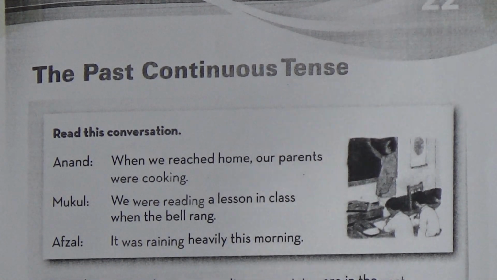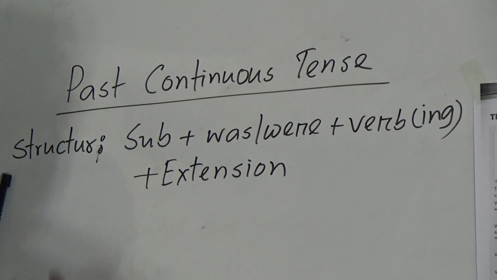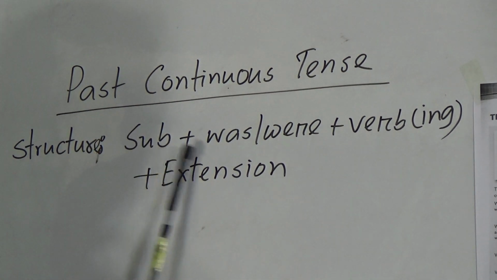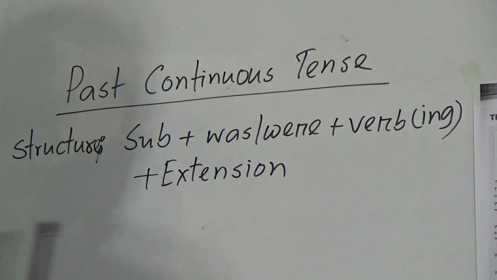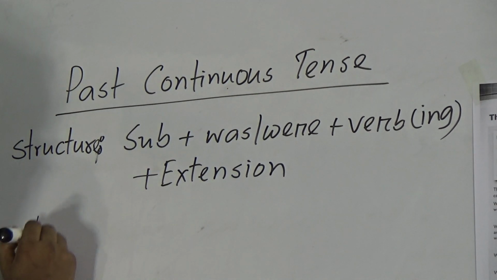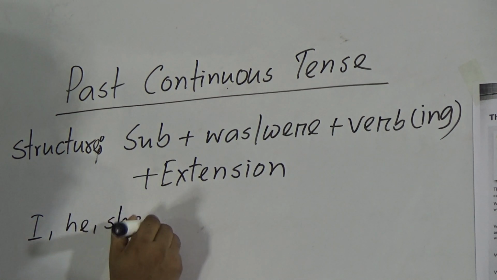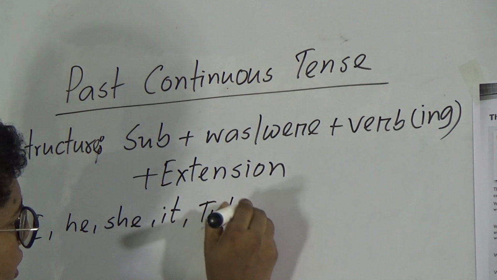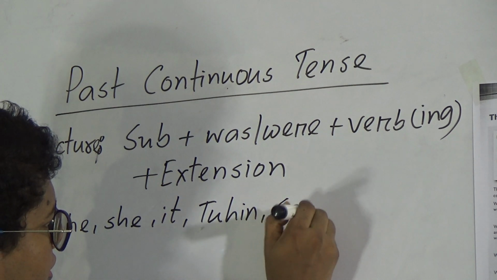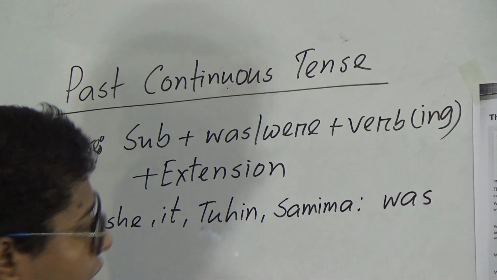So before going to the book, let's come here. You can see the structure of past continuous tense: subject plus was plus were plus verb plus ing plus extensions. After I, he, she, it, any name like Tuhin, Shamima, we use was.